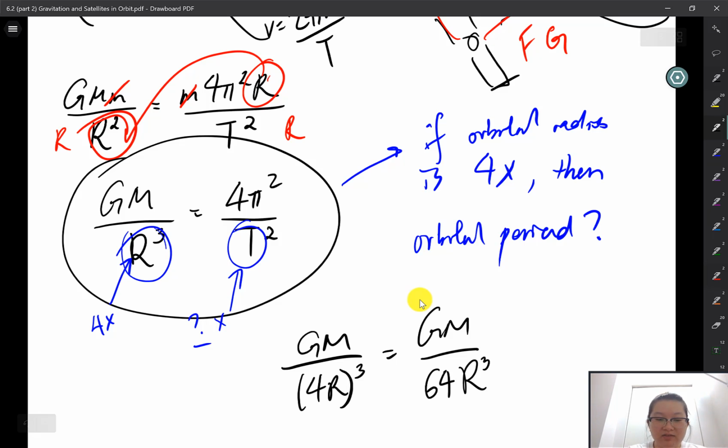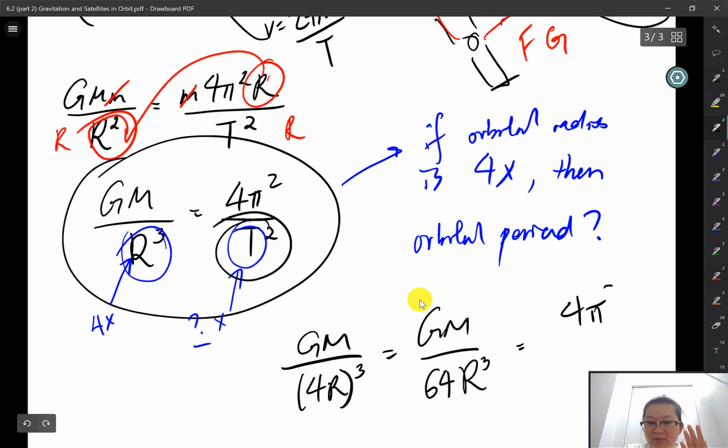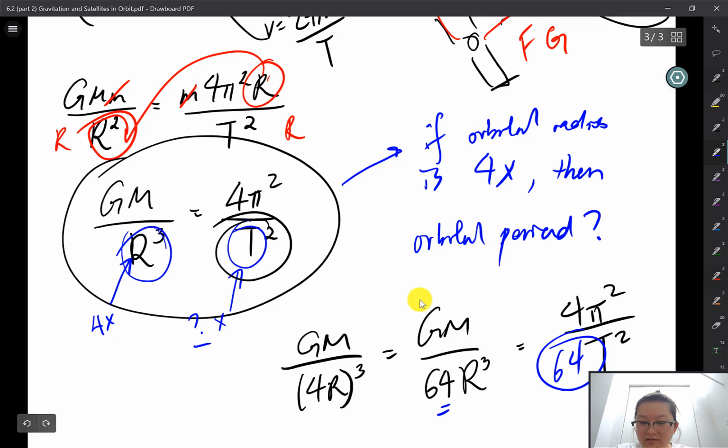Which means for my orbital period, in order for this equation to hold, the proportionality has to be the same in order for me to have perfect circular motion of my satellite. So my equation still needs to hold, which means on the very bottom of my equation on the other side, for orbital period, I also need a factor of 64. I also need a factor of 64 over here in order to balance out my equation.